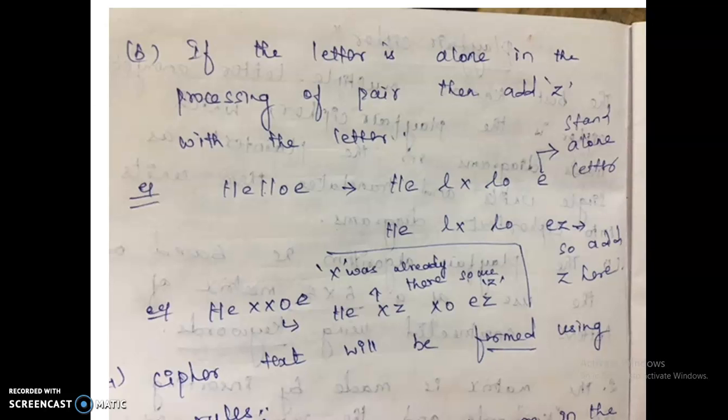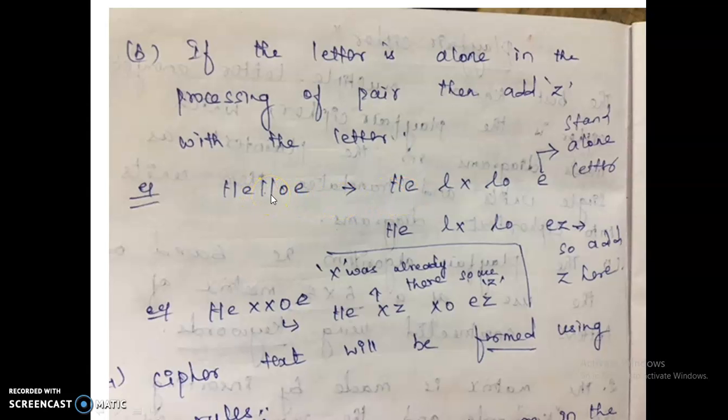And then the next rule is if a letter is alone in the processing of the pair, then add Z with the letter. For example, here you can see this is the plain text. I am going to convert this plain text into the cipher text. According to the rules of the Playfair, we have to separate the plain text as digrams. So the first pair is HE. Then LL.